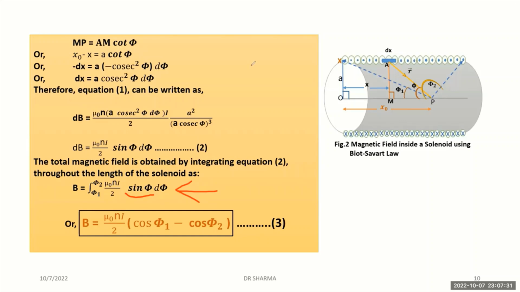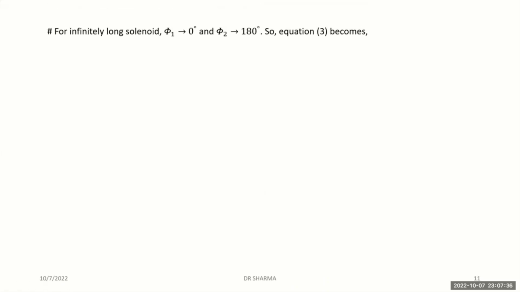Now, as a special case, consider a solenoid which is infinitely long. In this case, phi 1 tends to 0 and phi 2 tends to 180 degrees. Now substitute these values in equation 3 to get B is equal to mu naught n I by 2 times cos 0 minus cos 180 degrees.